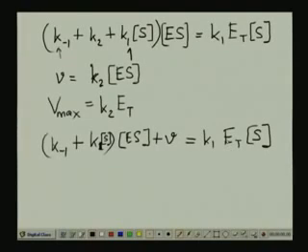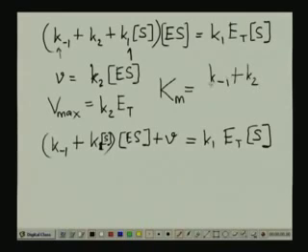Okay? Eventually we are going to define another quantity that is going to be a combination of the rate constants. It is the Michaelis constant that is equal to, you can write this down, k minus 1 plus k2 divided by k1.